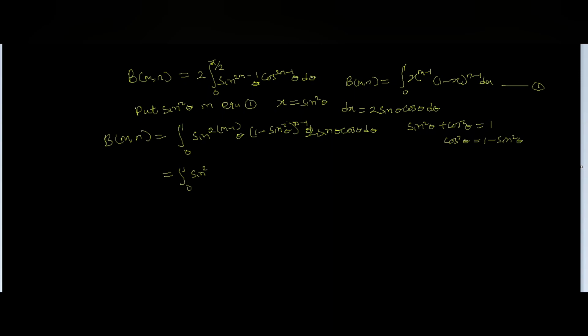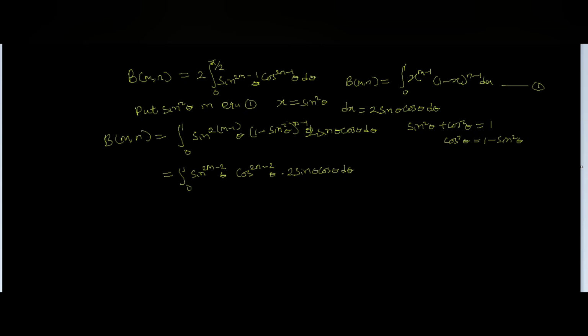We are going to have 2m minus 2 theta. Then we substitute our value of this, so we are going to have cos to the power of 2n minus 2 theta, which is now multiplying 2 sine theta cos theta d theta. So this is what we have.